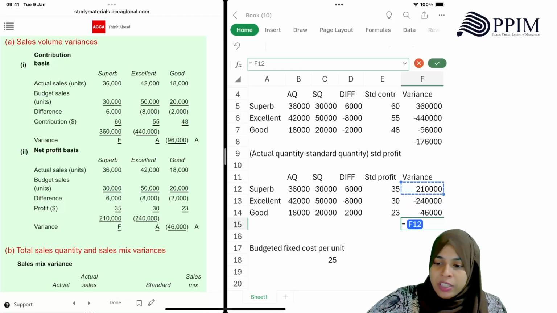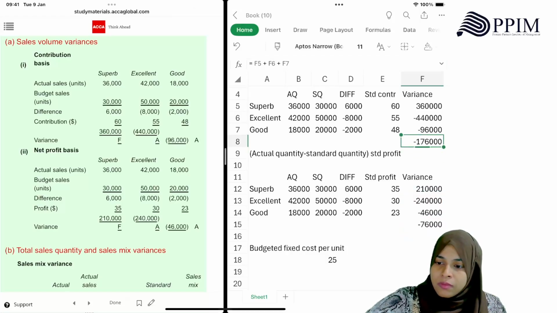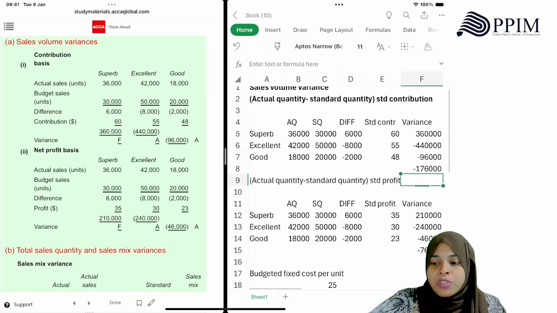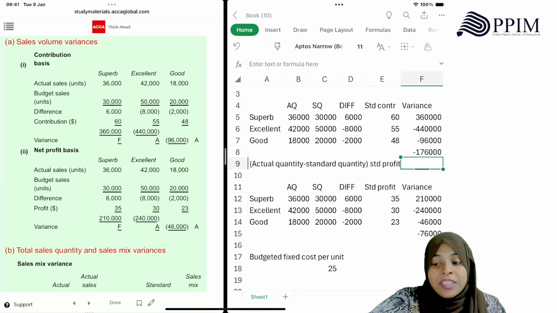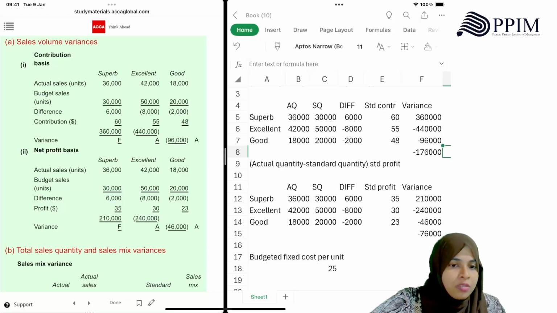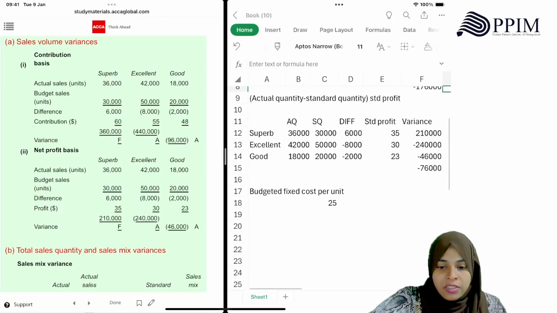Let me double check. The individual figures are right though. But when you use contribution, it was negative 176. How come when you're using profit, it's lesser? Oh, probably, it's overall. Because probably some were too high, some were too low. That's the reason. Anyways, it's correct.